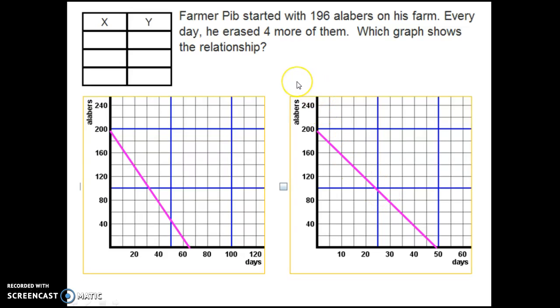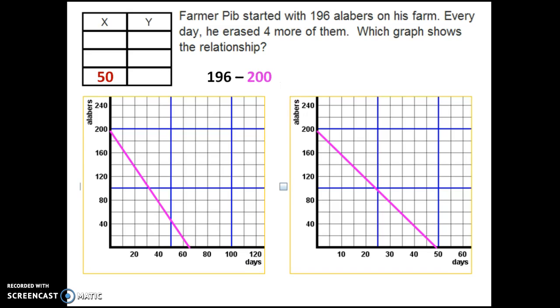So we need to fill in our table. And let's look at 5. 5 isn't going to work for us here, because our starting amount in the x value on our first graph is 20. So we want bigger than 5. So let's try 50. When we substitute in 50, we get 196 minus 50 times 4, because each day we're erasing 4 of them.